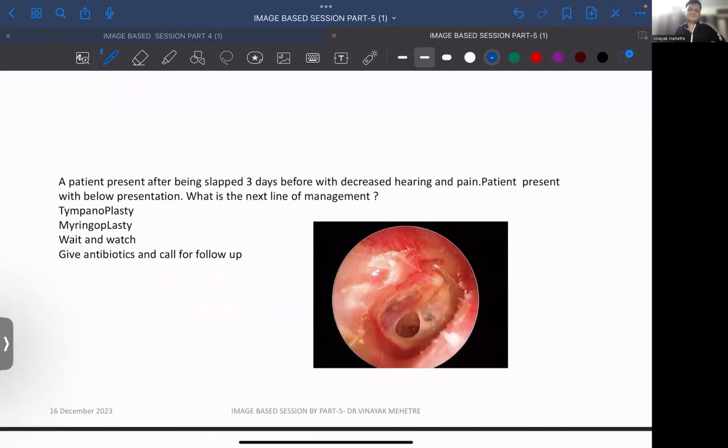Try to answer this question. This question has been asked at least 2 times. A patient presented 3 days after being slapped, with decreased hearing and pain. What do you think? Take your time.